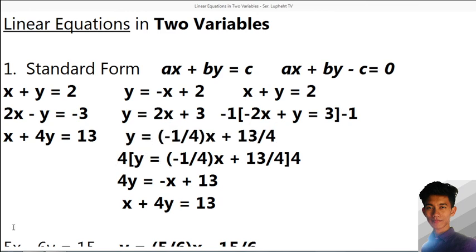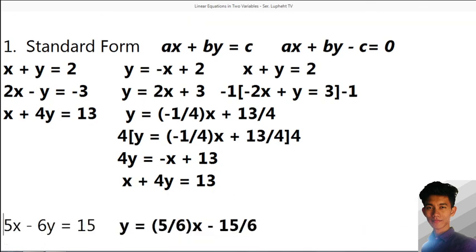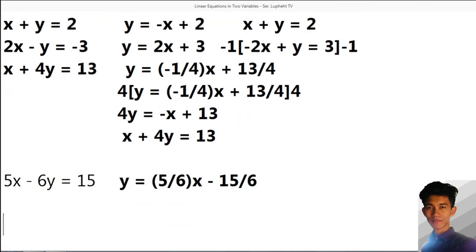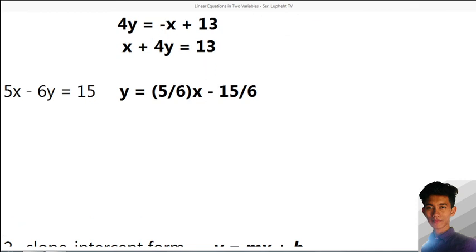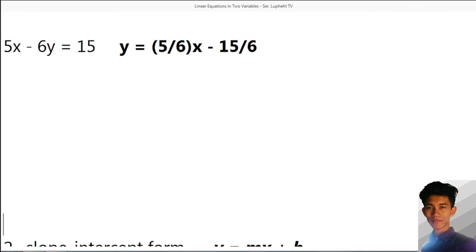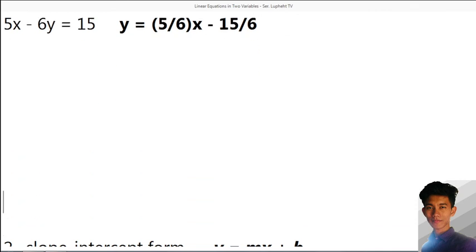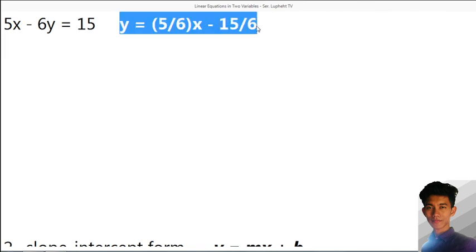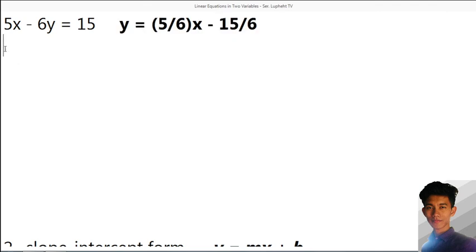Now, para sa huli nating example dito, na kino-convert natin yung slope-intercept form pabalik sa kanyang standard form. Okay? So, mapapansin nyo dito, both the slope and the y-intercept ay may 6 sa kanilang denominator. So, to simplify that, ang gagawin natin ay ganito.